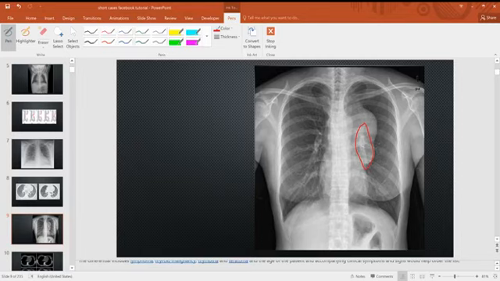And here we see the paravertebral line. So the mass is not in the posterior mediastinum, and what is left is the anterior mediastinal compartment. And there is another sign here.